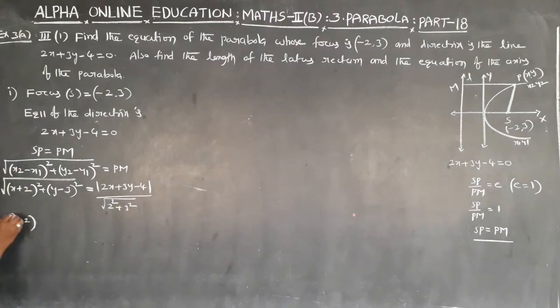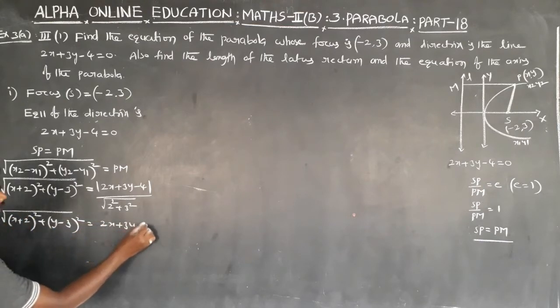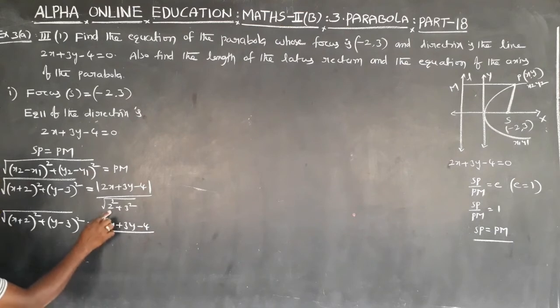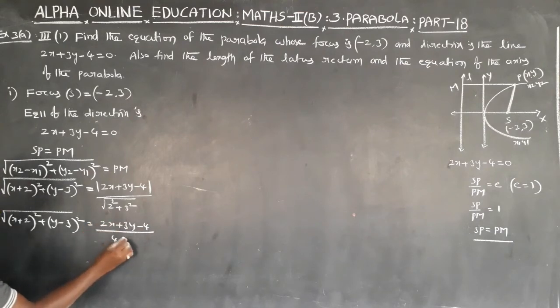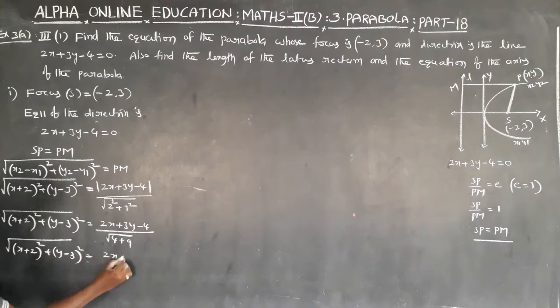Under root of (x + 2) whole square plus (y - 3) whole square is equal to (2x + 3y - 4) by under root of 2 square 4, 3 square 9, root 13.